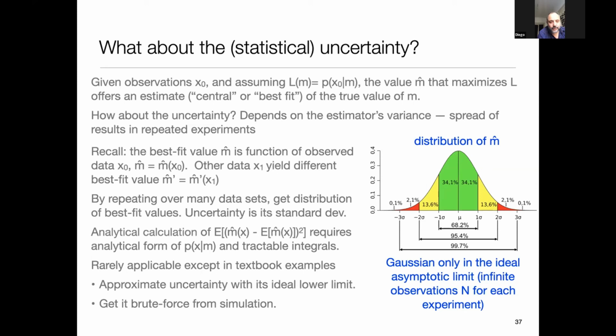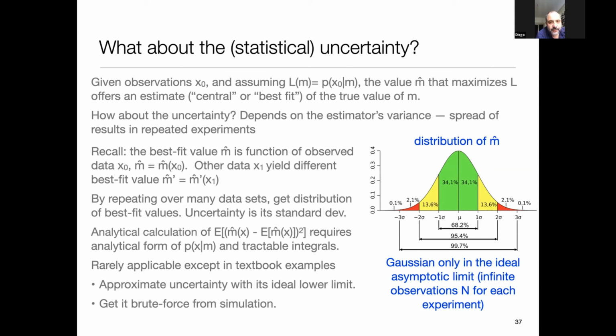Then another colleague does the same thing and also gets a different value, and another one, and so on. If you put all the maximum likelihoods that all of these colleagues find in a distribution, you will have a distribution. And the spread of this is a measure of your statistical uncertainty.